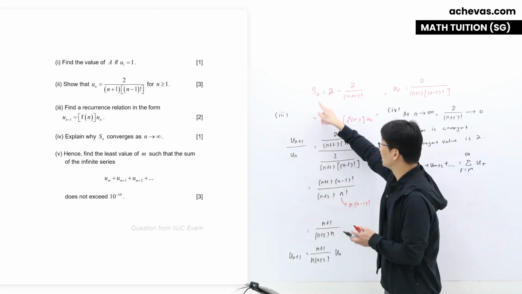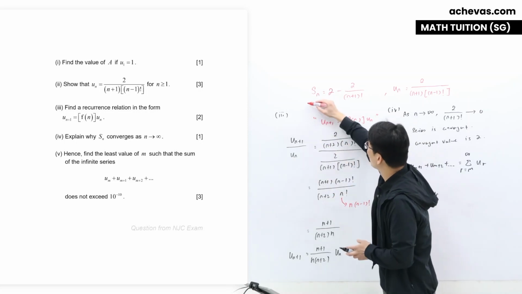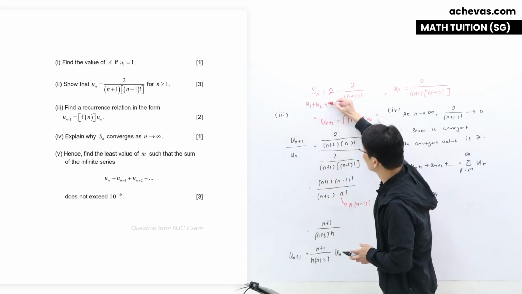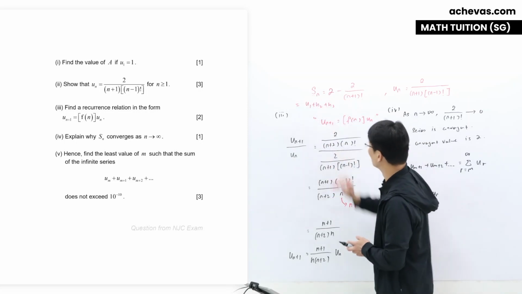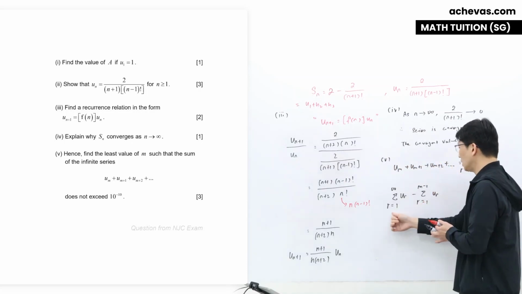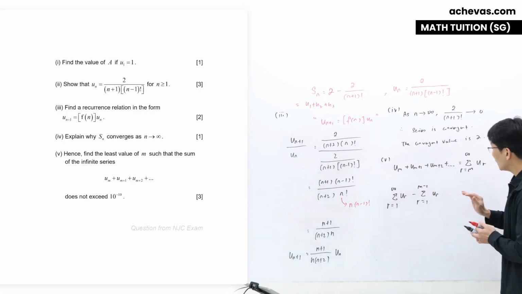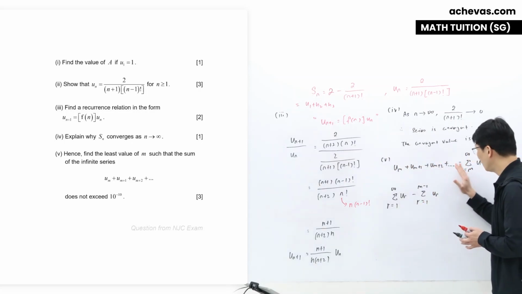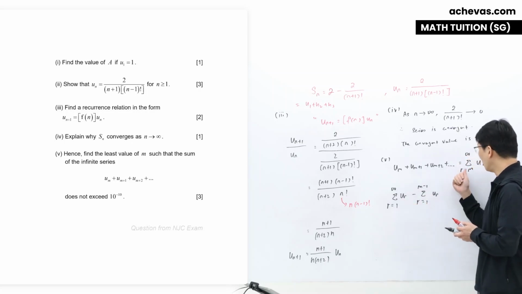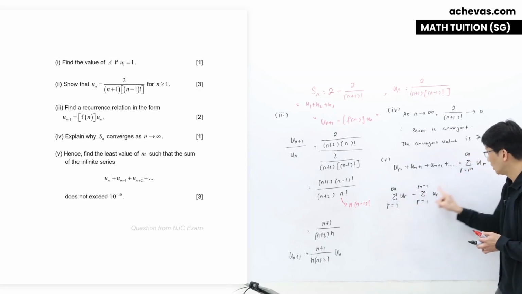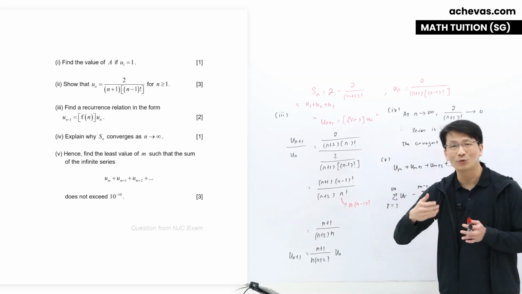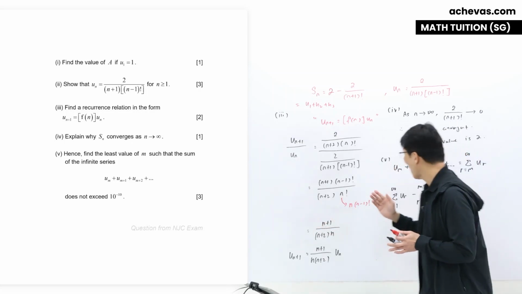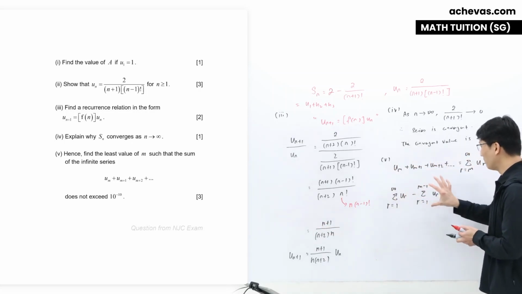Like S1, this is u1 plus u2 plus u3 and so on. So we want to change this to start from 1. From changing from here to here, we have added an extra term, 1, 2, 3, 4, 5, 6, all the way until m minus 1. So I need to deduct it back away.